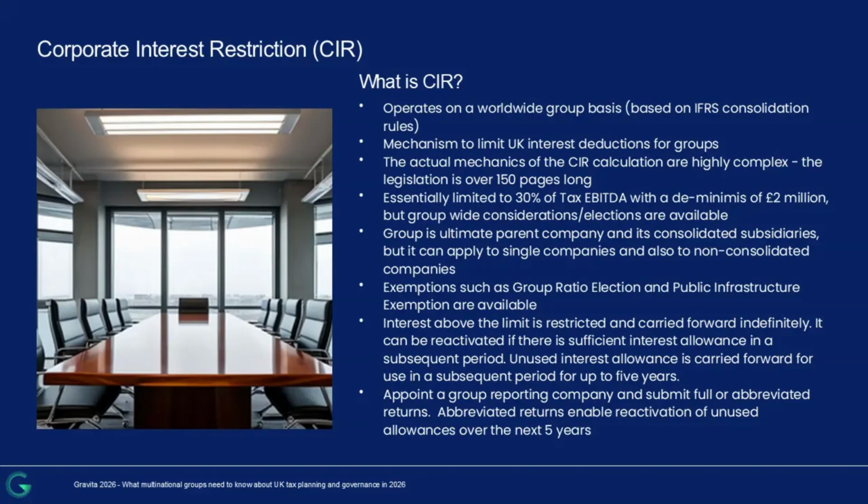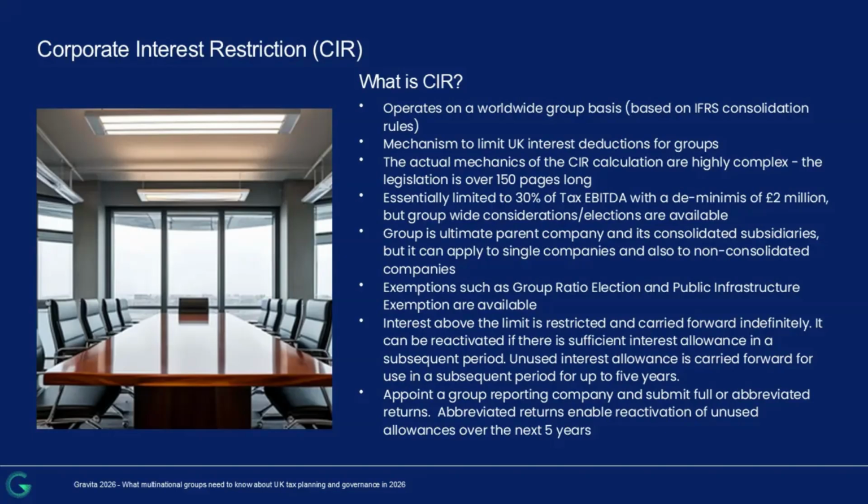Now, I think it's just really important to understand that this can be a really big area aligned to the tax rules. So you have to have that understanding of the rules and go into your interest expense amounts in detail and make sure you're allocating them correctly within the calculation. Your returns are due with your corporation tax computations in the normal time frame, so typically 12 months after the end of your accounting period, and you've got the choice to, if you have a disallowance or a reactivation, submit a full return.